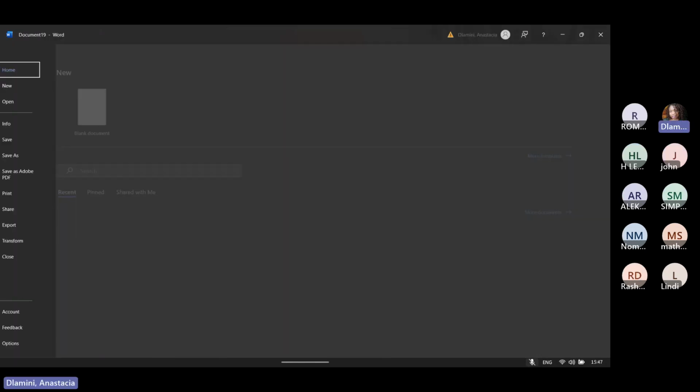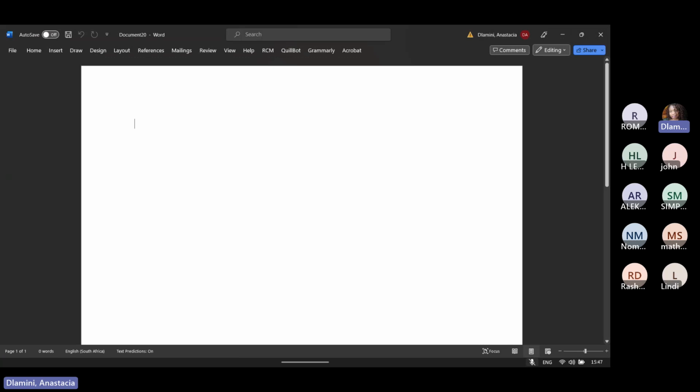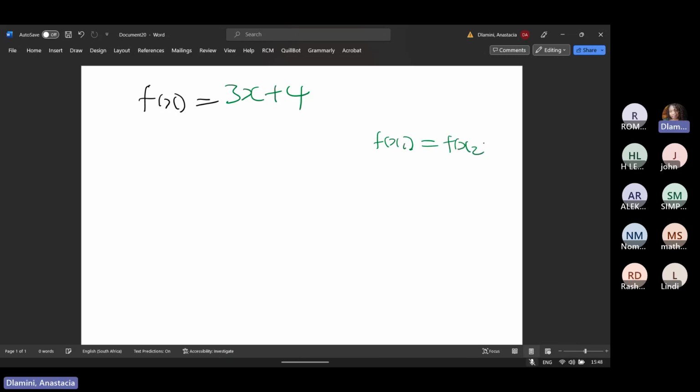Okay, so there's another way of showing a one-to-one function. You go through the examples, right? They say show that f of x equals 3x plus 4 is a one-to-one function. Remember, if we can show that f of x1 equals f of x2 implies x1 equals x2, then it's a one-to-one function.